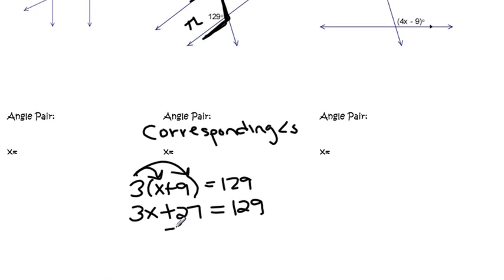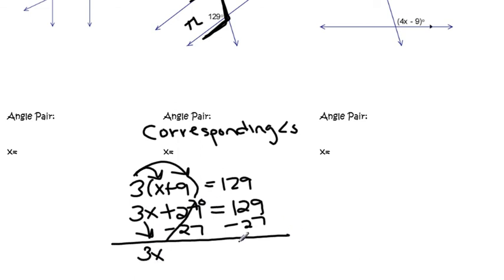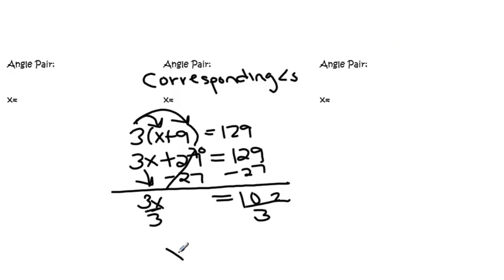Then I would subtract 27 from both sides of my equation. So I have 3x equals 102. And then I would need to divide both sides by 3. So I would get x is 34.